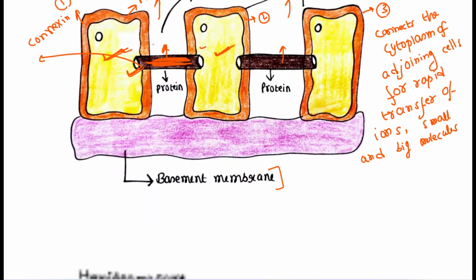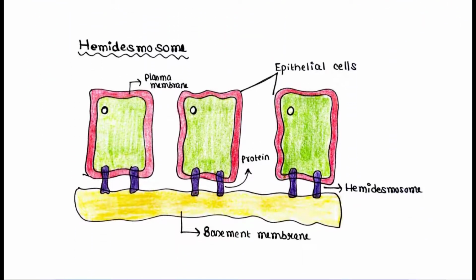Okay. Next is hemidesmosome. Again you can see this is cell 1, this is cell 2, this is cell 3. All are epithelial cells and the cells are found above the basement membrane. In this case, the cells are not connected to each other, but the cell is connected to the basement membrane via this hemidesmosome.